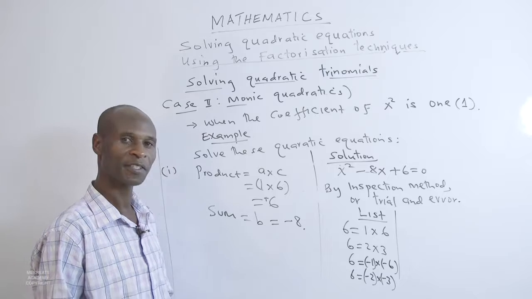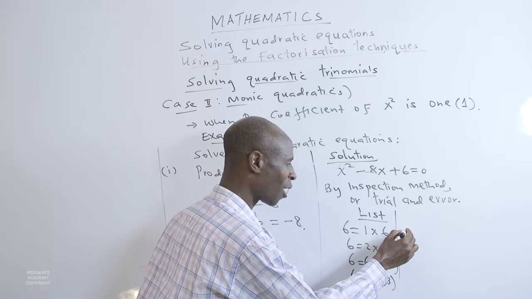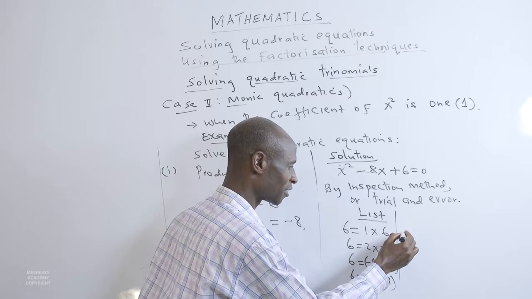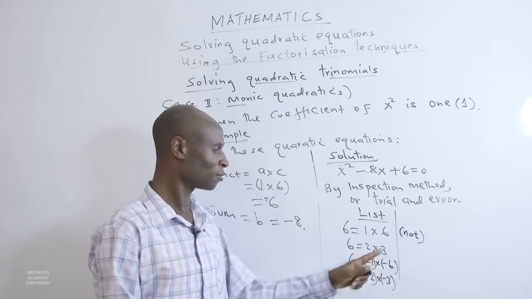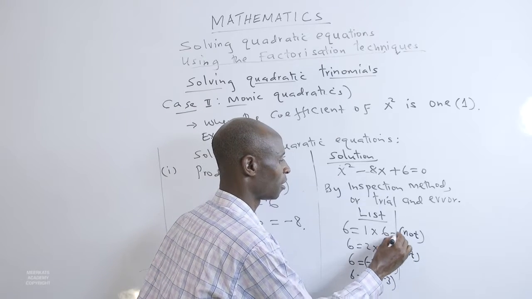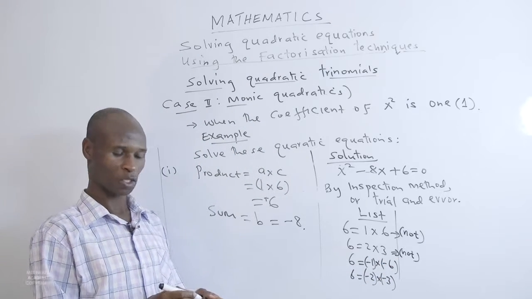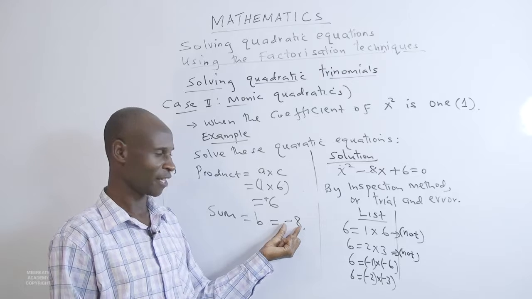So that means the first two factors cannot work. We eliminate. The second one is not, because both of them are positives. When you add, you don't get -8.